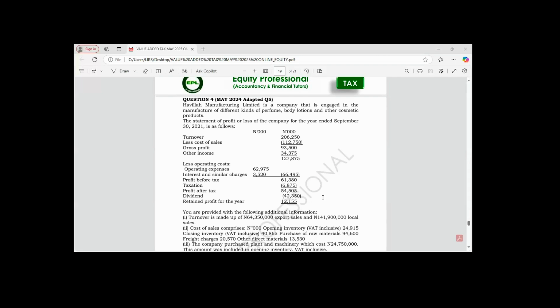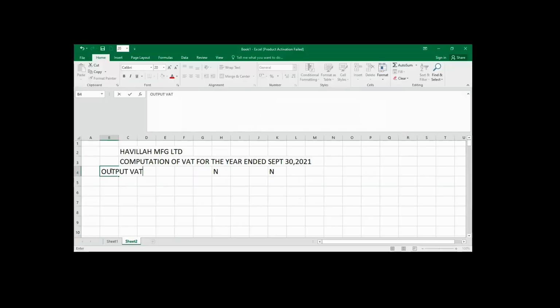And for the local sale, we are not told whether it is VAT inclusive or exclusive. So we are going to assume VAT exclusive. Then we have output VAT.